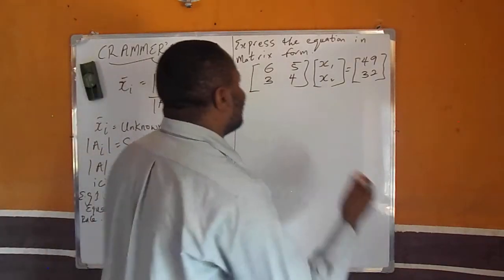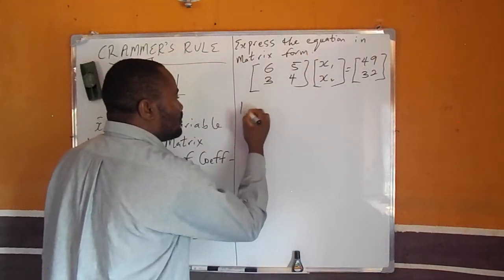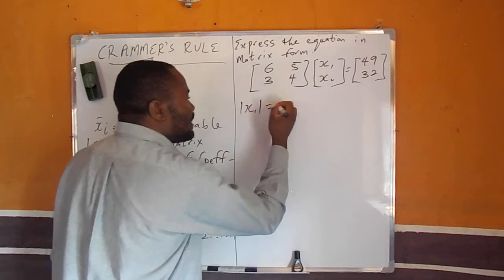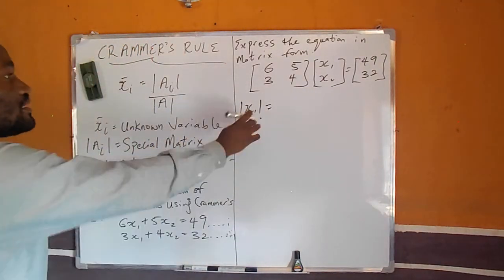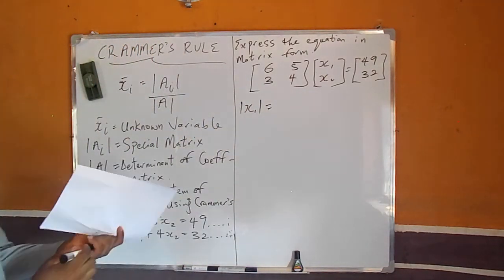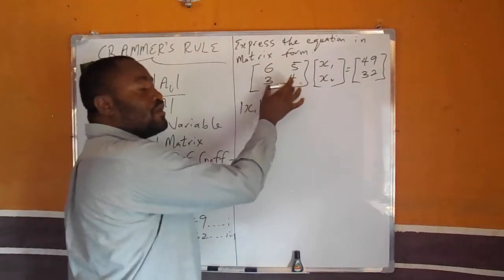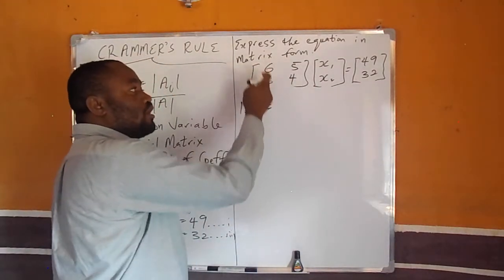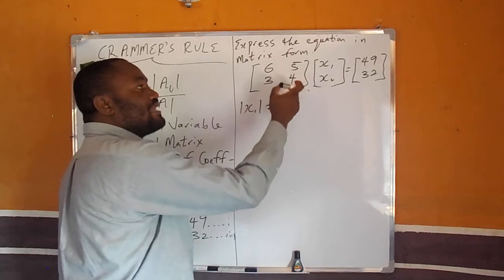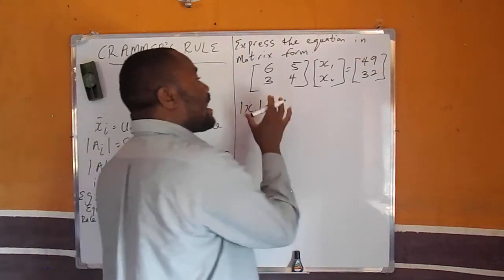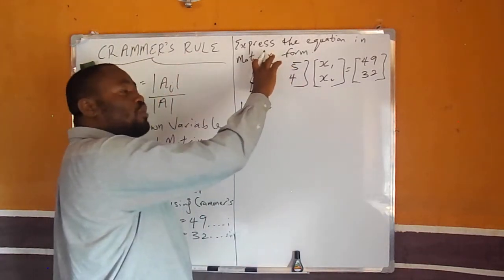To look for the determinant of x1, we come back to this place, because this column represents x1 and the 5 and 4 represent x2. So when we are looking for x1, we have to eliminate these x1 figures.